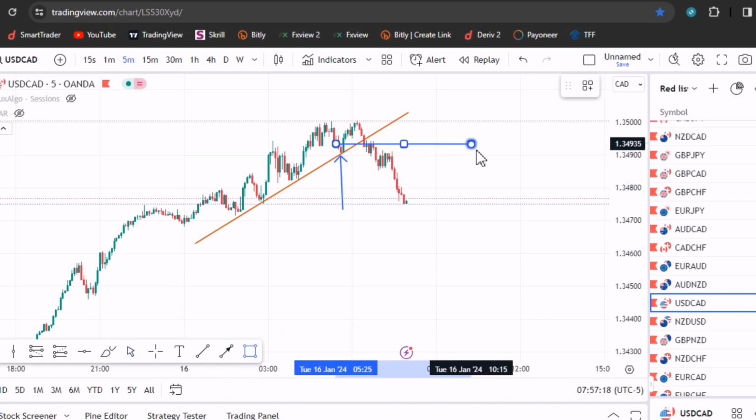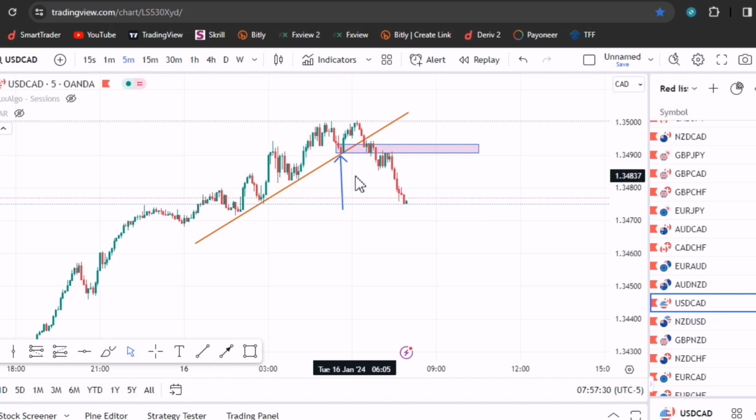If price has closed below that key level, it is a confirmation for a sell. So right here you were supposed to find the sell entry if you were following that speculative sentiment. Right now price has moved, but there is a good selling opportunity.